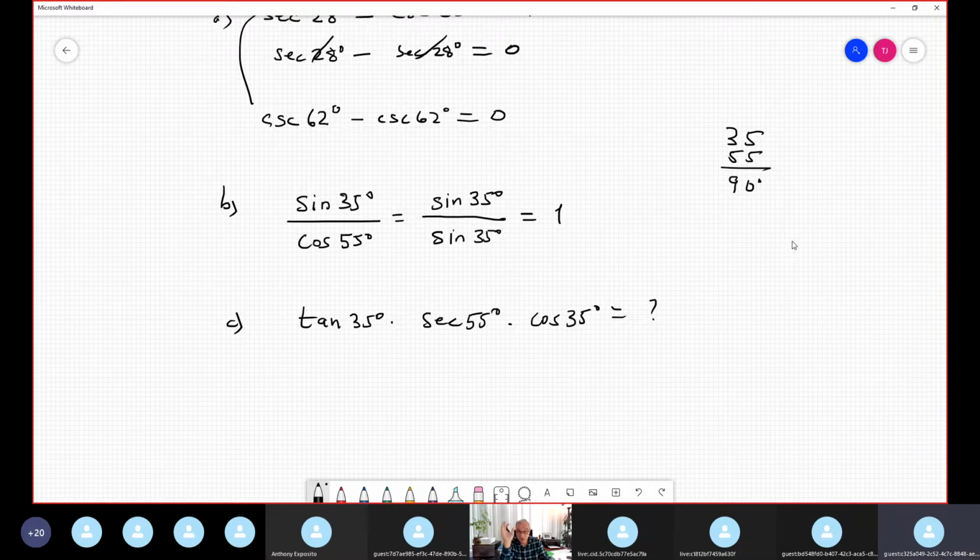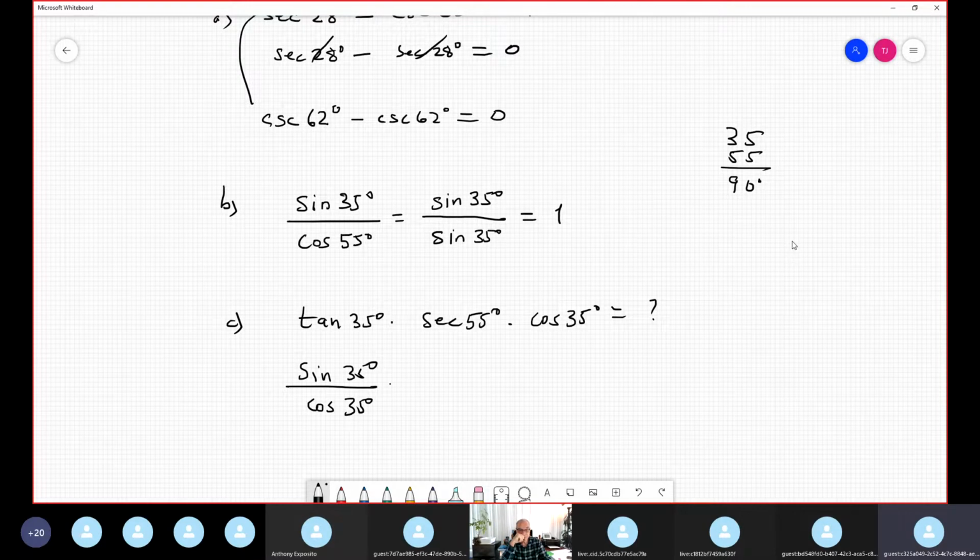Many. Not infinity, but a lot of ways. For example, I make a decision to apply the tangent identity. The tangent identity is sine over cosine. Sine 35 degrees divided by cosine 35 degrees, times secant. I don't like secant.